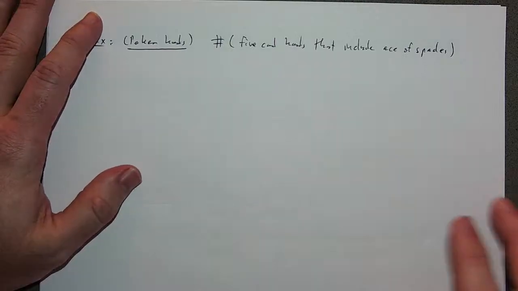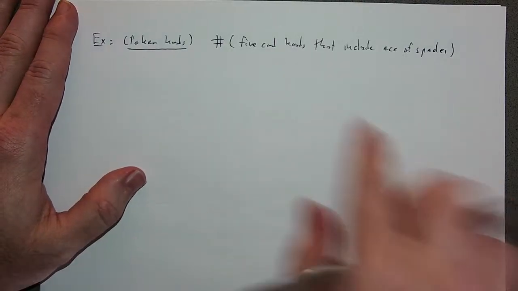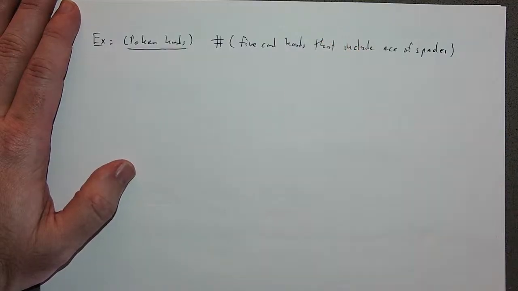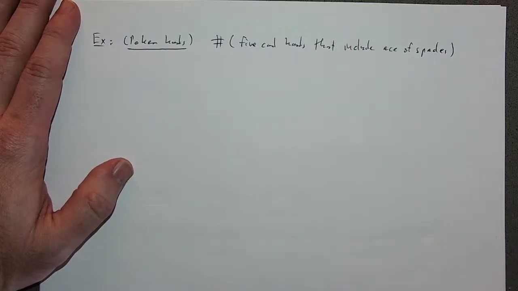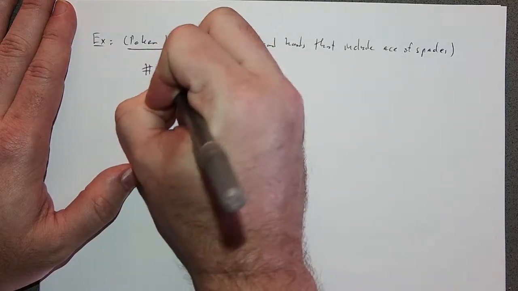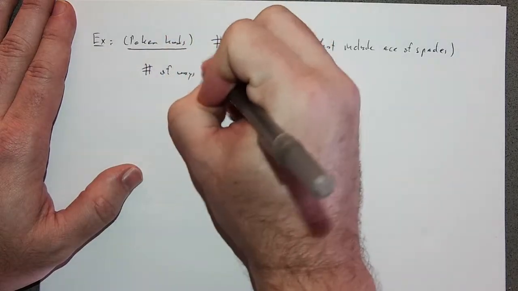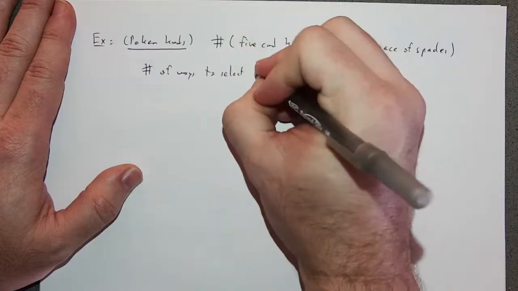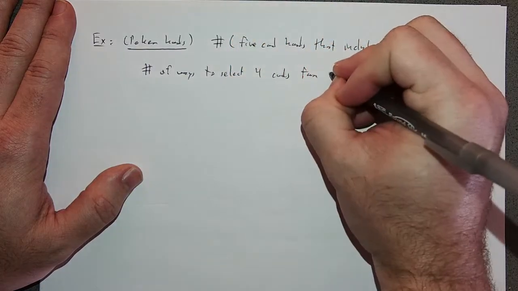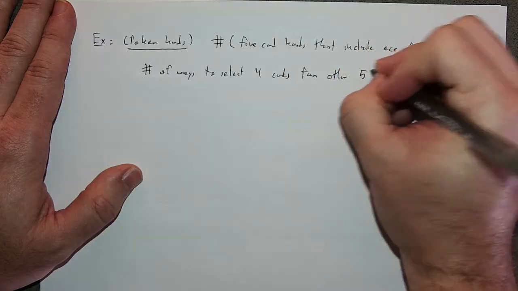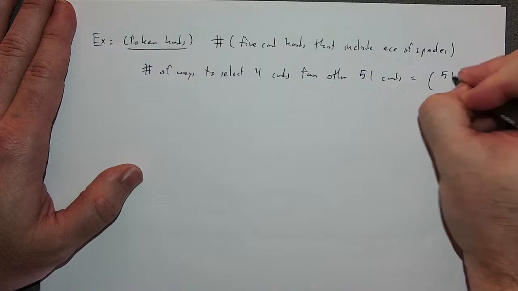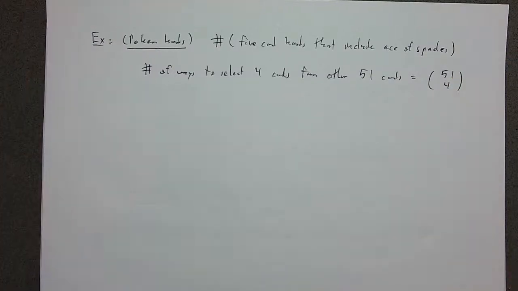The number of ways to select 4 cards from the other 51 cards in the deck is 51 choose 4.